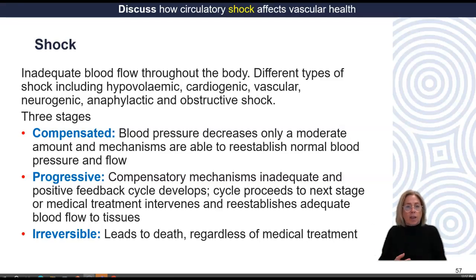And that cycle then, unfortunately, will proceed to the next stage unless there is medical intervention, which reestablishes adequate blood flow to tissues. And unfortunately, because it is this positive feedback cycle, once it gets to that irreversible stage, that does lead to death regardless of medical intervention.